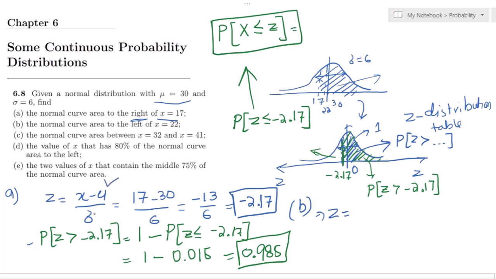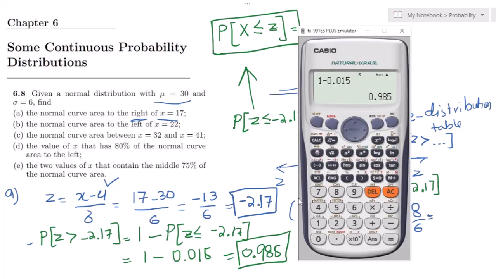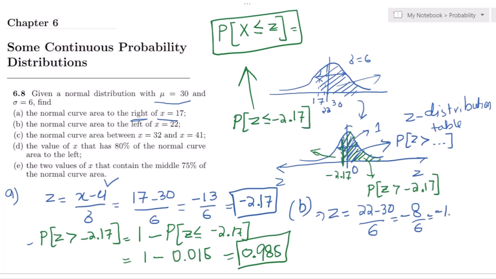It would be the similar formulation: 22 minus 30 divided by 6, so it would be minus 8 divided by 6, which is minus 1.34. So minus 1.34 is the value of z.